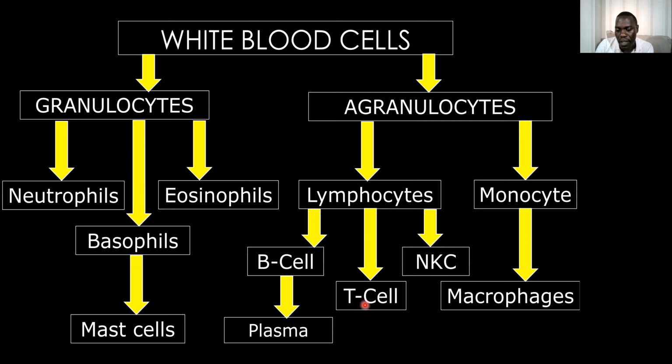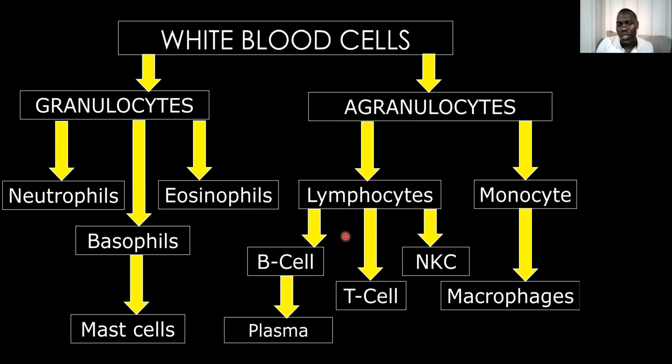You see, the T cells are very specific. They can only kill cells which are linked to the major histocompatibility complex proteins. That is what we call T cell restriction. But these ones, even without the major histocompatibility complex, they can still kill. They also offer immunity against cancer cells.